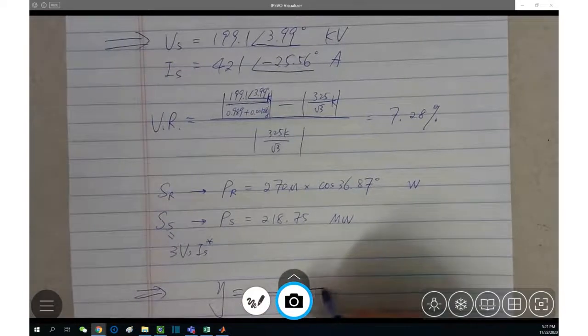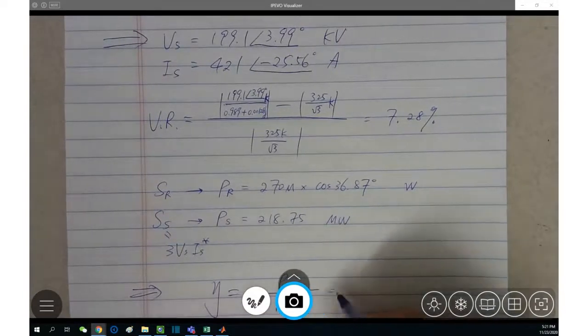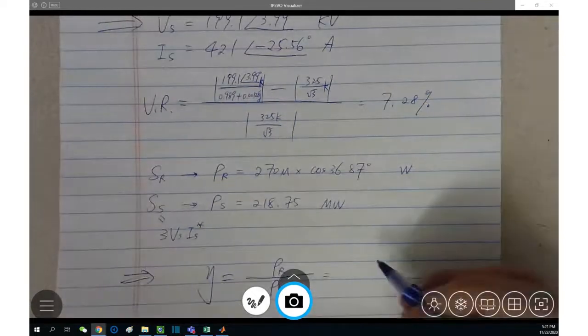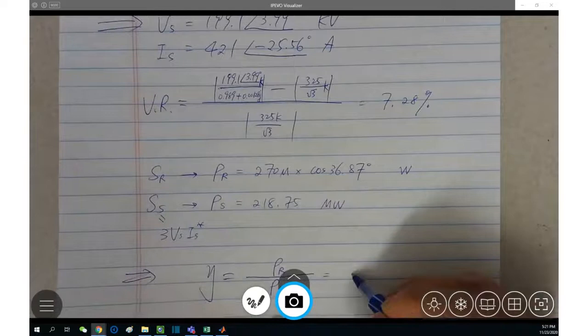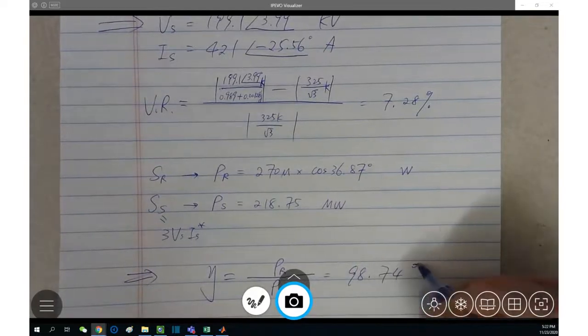Efficiency equals PR over PS. Has anyone got the efficiency? Yep, Kevin is right. It's actually 98.74%.